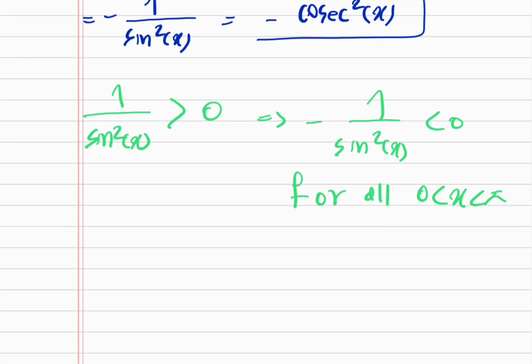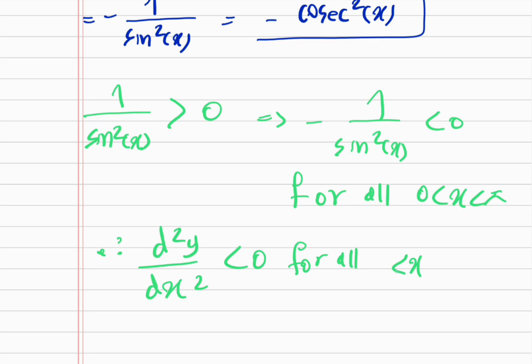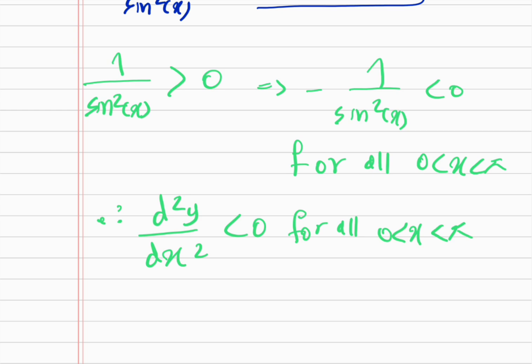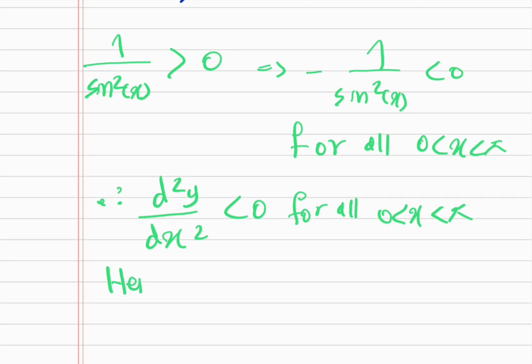Therefore, we can say that the second derivative is always negative for all values of x between 0 and pi. And since that's the case, hence C is concave. And that was what we were trying to show from the beginning. Okay, so that's it for this video, and thank you for watching.